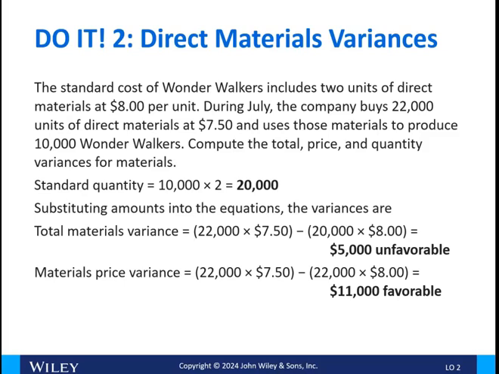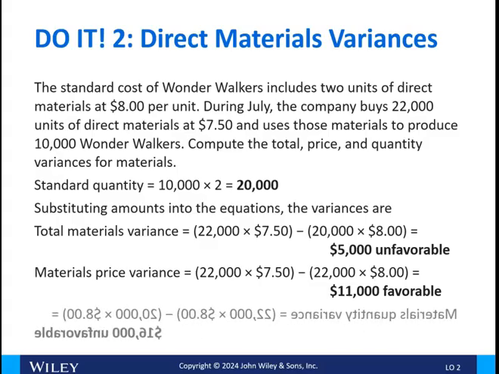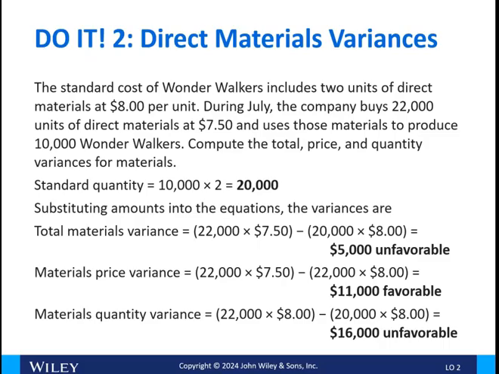So the quantity variance is going to take our actual quantity at standard cost, our standard quantity at standard cost. Any difference will be our quantity difference. So we're keeping the cost the same at our standard cost and just looking at changes in quantities. So that gives us our $16,000 unfavorable.